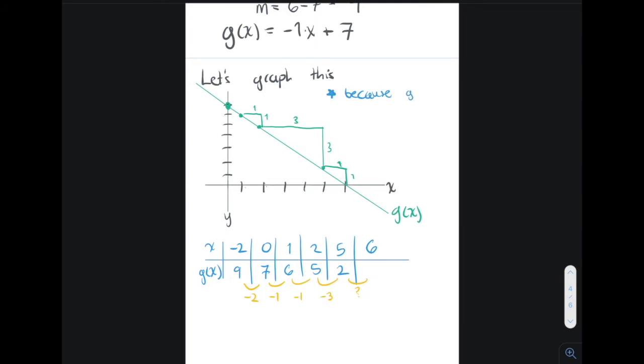You might recall when we solved for g of x, we found that b was 7. And sure enough, b will always be the function's y-intercept, the point at which it crosses the y-axis. It can also always be found by plugging in x equals 0. That's by definition what the y-intercept is.